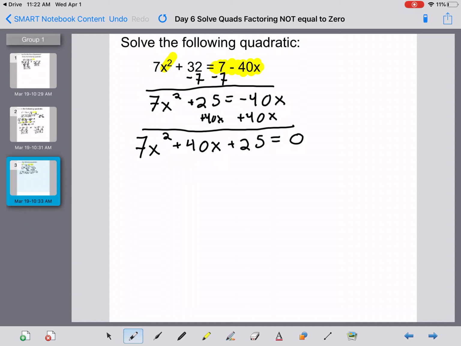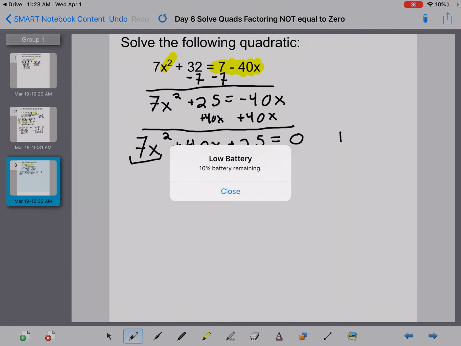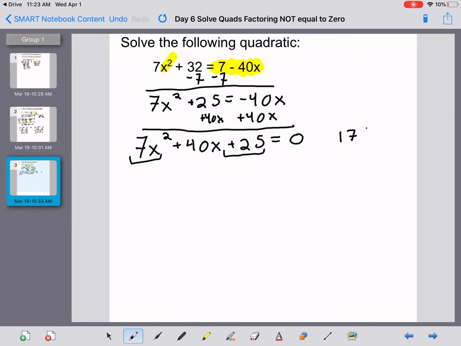To factor, I can multiply my first term and my last term. 7 times 25 is equal to 175x squared. Now I need two numbers that multiply to give me 175 and combine to give me 40x.